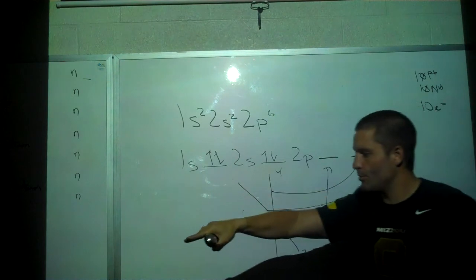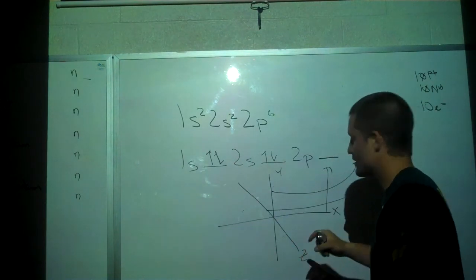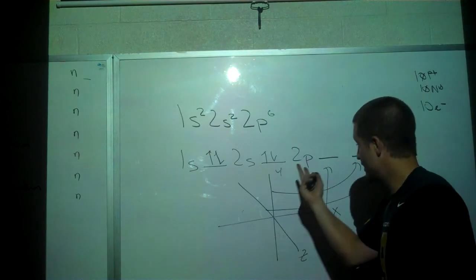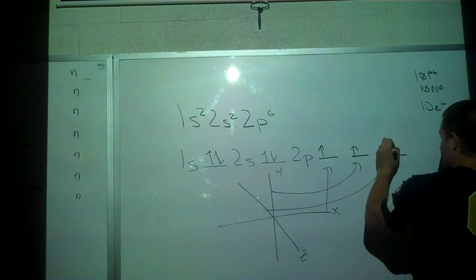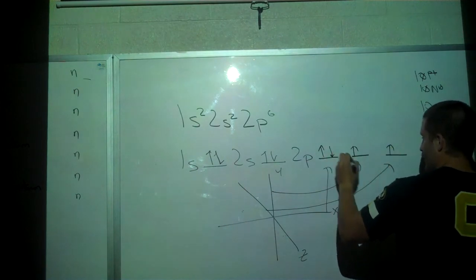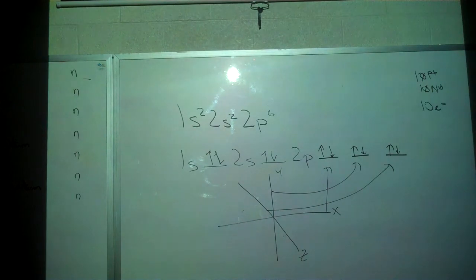How many can fit in each one of those? 2 can fit in each one of those. So we have 1, 2, 3, 4, 5, 6. So that would be the electron configuration for neon.